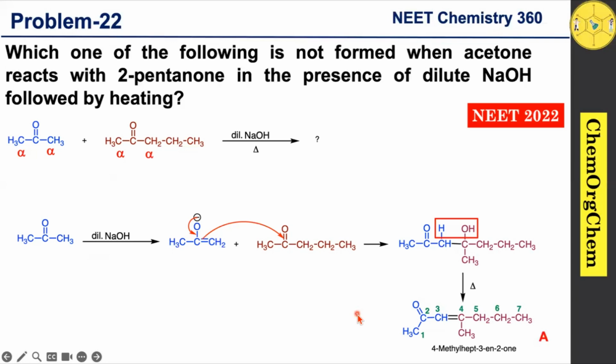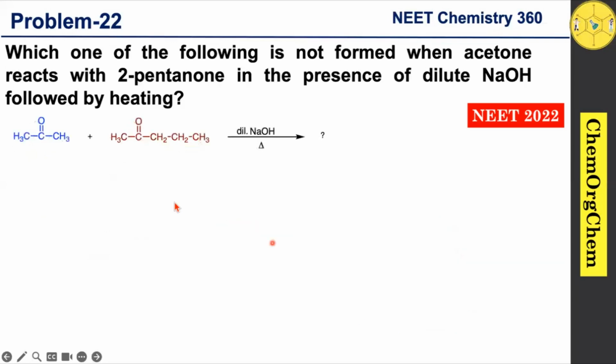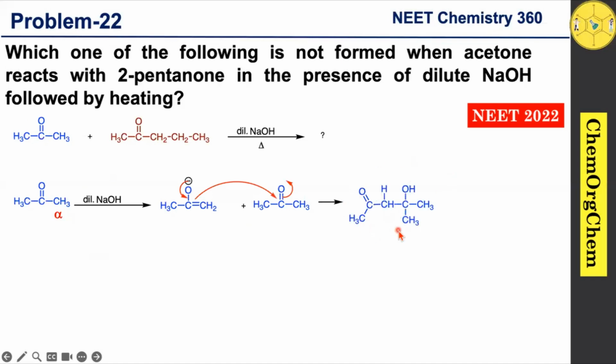Let's move on. Acetone can react with another acetone molecule. Acetone reacts with sodium hydroxide to produce this enolate ion intermediate, which then reacts with another equivalent of acetone molecule, producing this corresponding intermediate species.